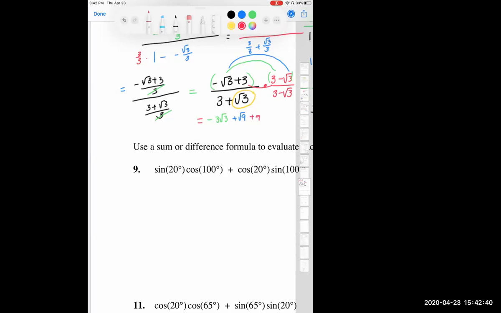And lastly, 3 times negative radical 3, you get negative 3 radical 3 for my numerator. And my denominator, it's my first term squared minus my last term squared. So I have 9 minus 3.